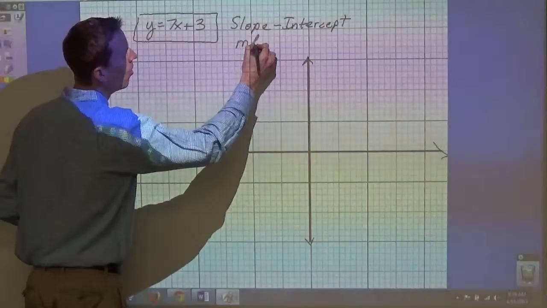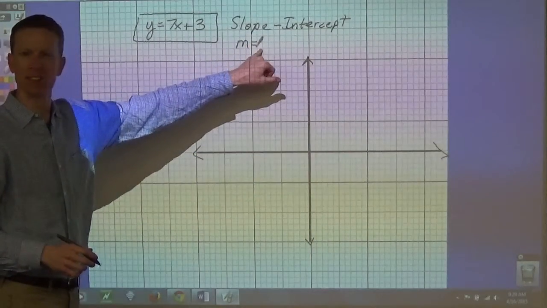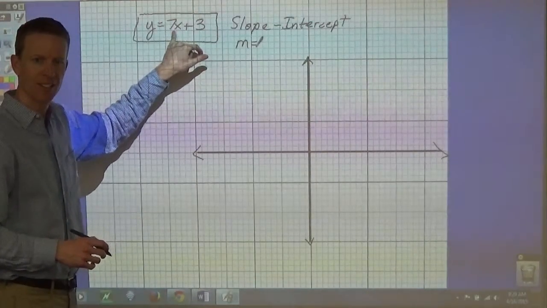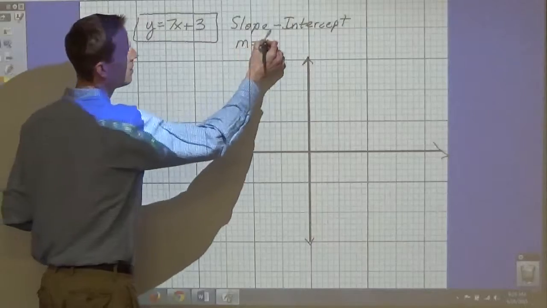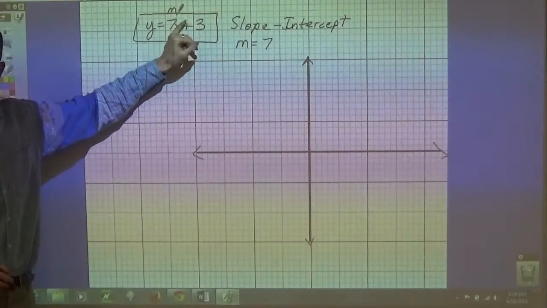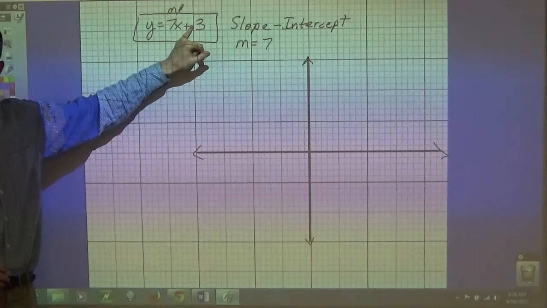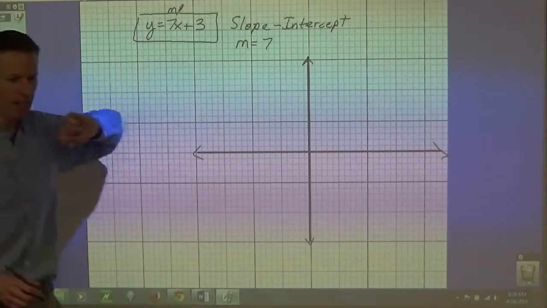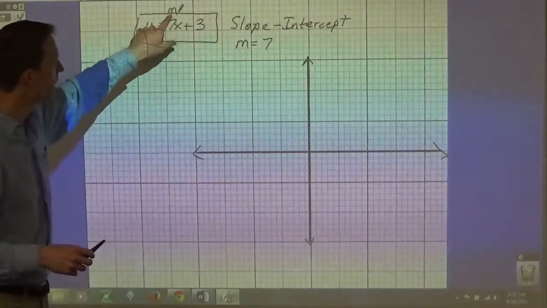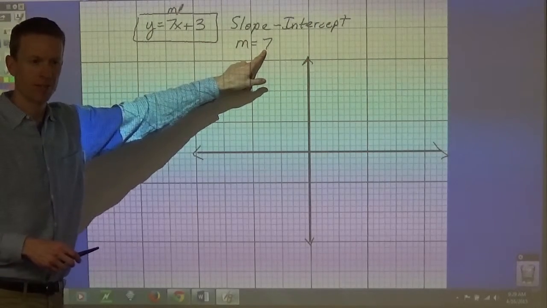So when you're on your quiz tomorrow where it says m equals, you'll have to find the coefficient of x and write the number. 7. This is m. This is also the what in the equation? The slope. Yep. So for number 11, it says identify the slope and the y-intercept. You have to identify by writing m equals 7.